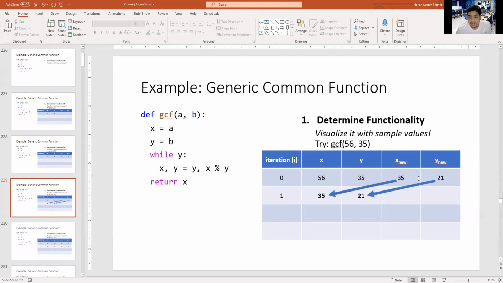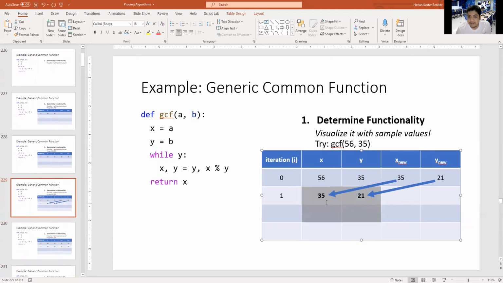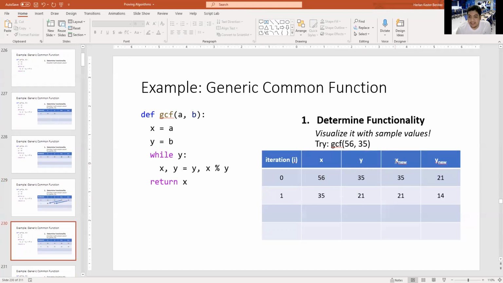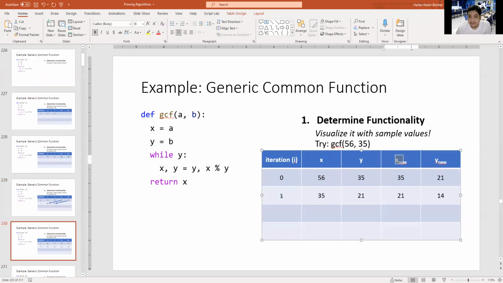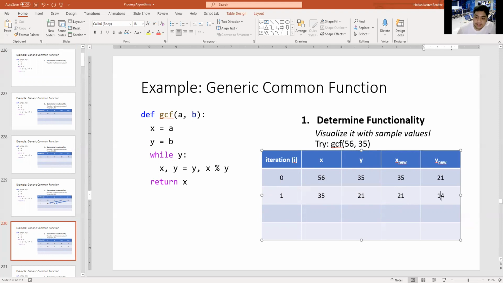So sa next iteration, yung x new at saka y new, sila na si x and y. So, after iteration 1, x new is 21, and then yung modulo or yung remainder, pag divide ko si 35 with 21, is 14.